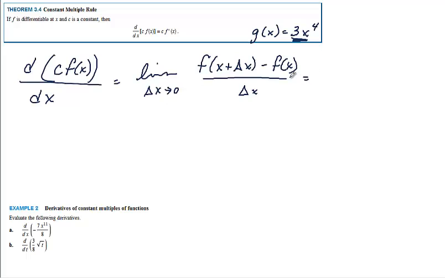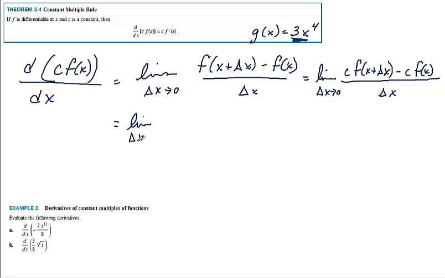So let's see if I can come up with a generalization for this. The limit as delta x goes to 0 of c times f of x plus delta x minus c times that f of x all over that delta x.